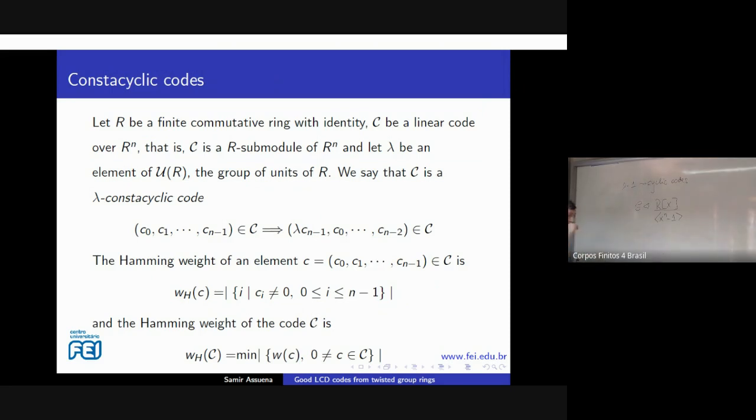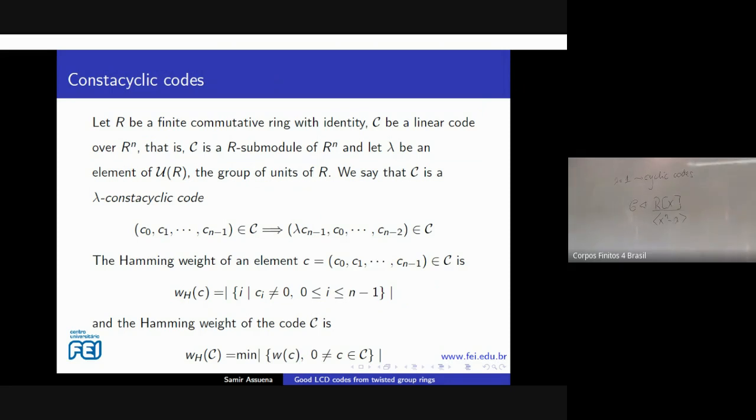Okay, these are for cyclic codes, but constacyclic codes can also be realized as ideals inside this factor ring. You just replace 1 by lambda, and you have basically the same result.